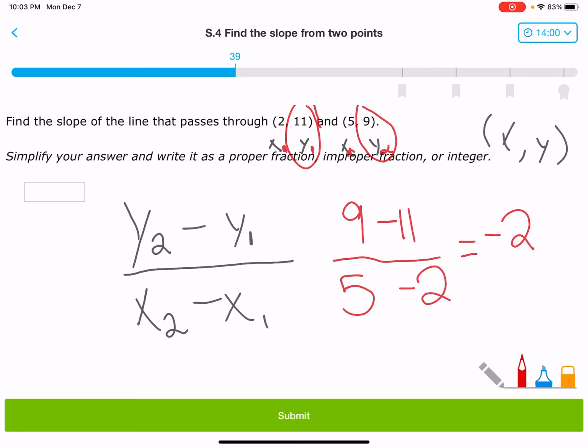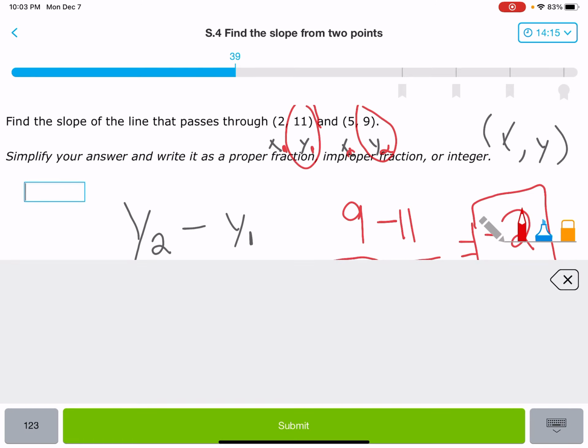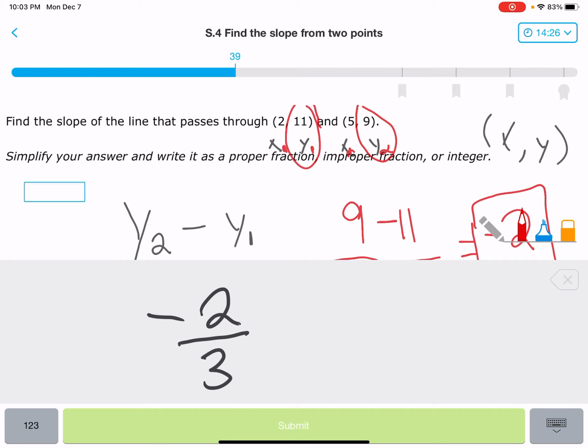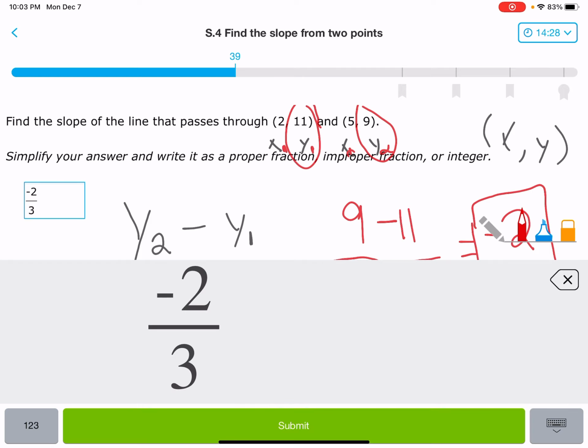You take away 11 from 9 and you have negative 2 left. 5 minus 2 is positive 3. So our slope ends up being this fraction, negative 2 over 3. Make sure you have negative 2 over 3, and submit.